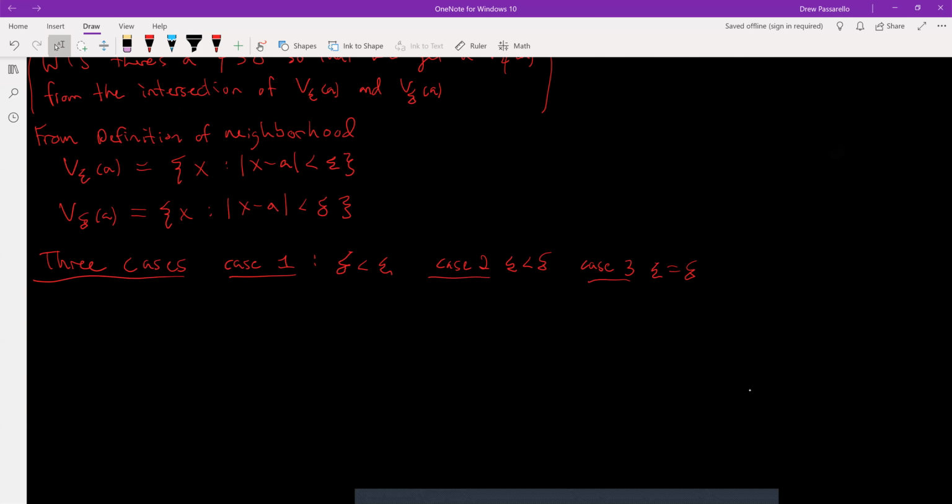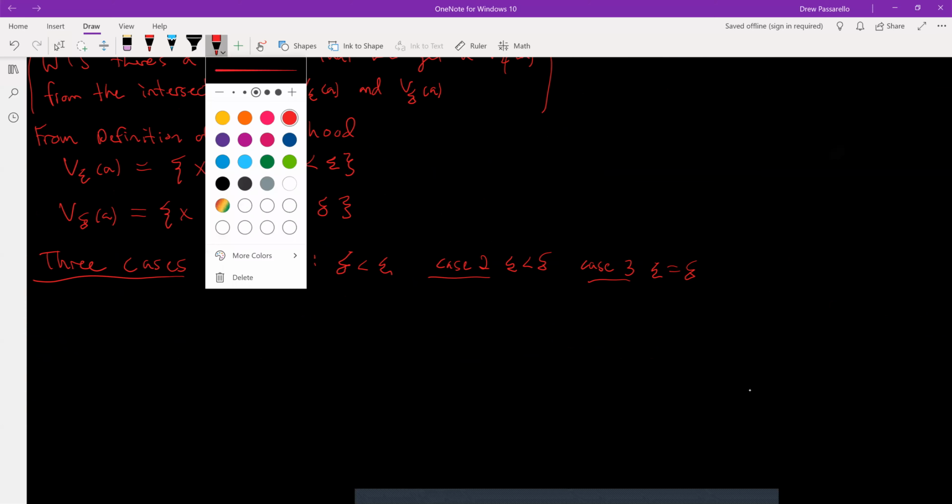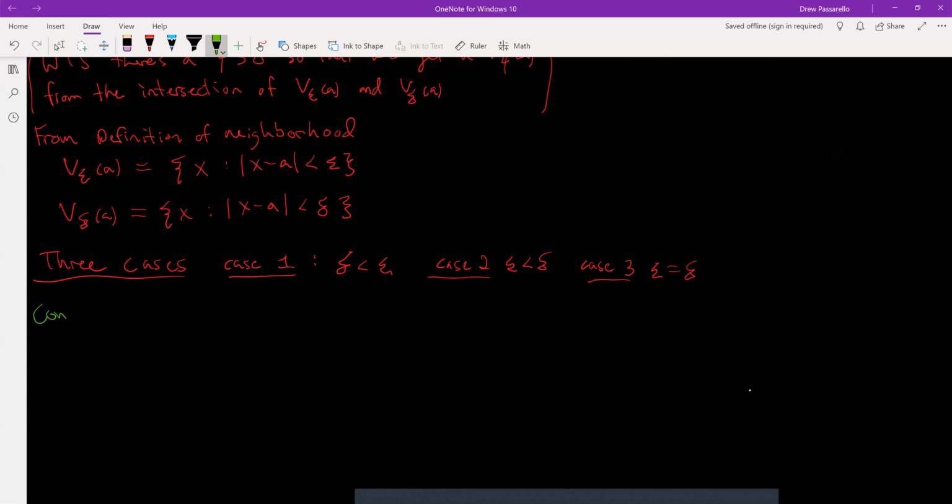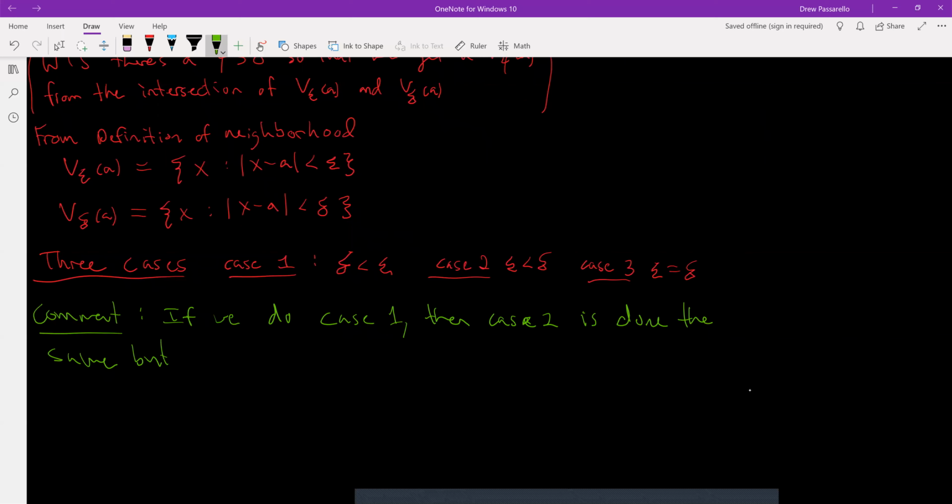Okay, so if I show case one, so this is like a comment. If we do case one, then case two follows by swapping the letters, and case two is done the same, but swapping delta and epsilon.